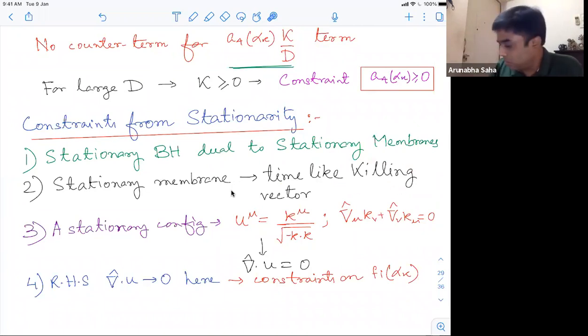I could not prove that this is the only possible solution, but definitely one possible stationary configuration is that the velocity field is proportional to the time-like killing vector in the membrane world volume. With this configuration, it is easy to see that the divergence of U should be equal to 0.